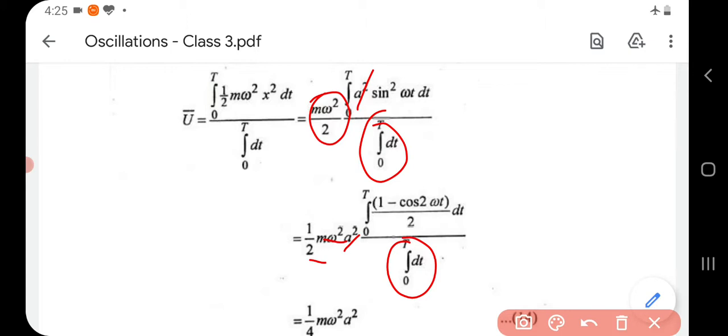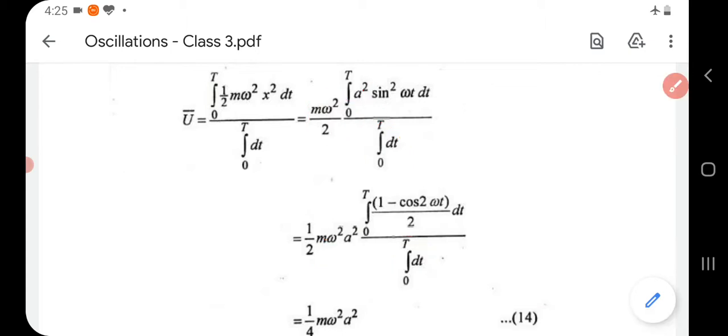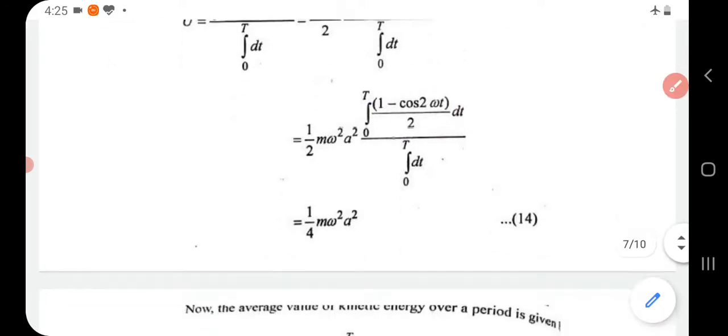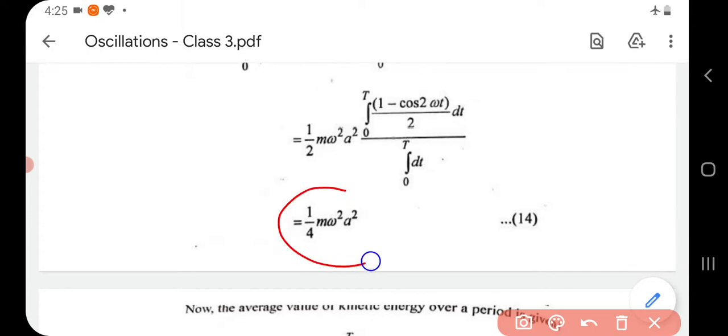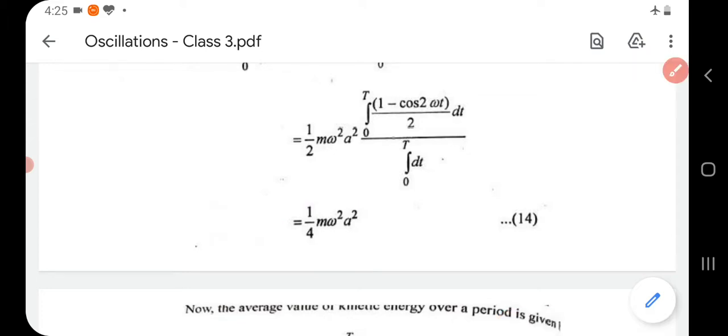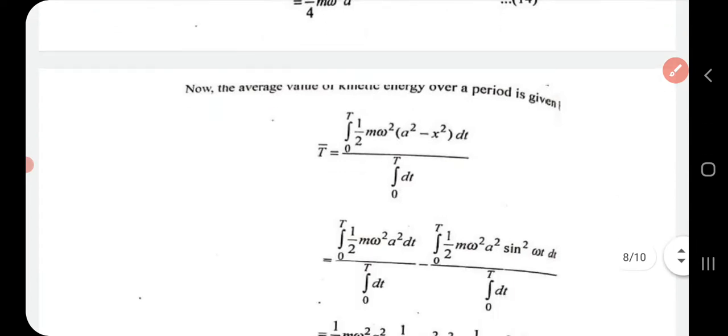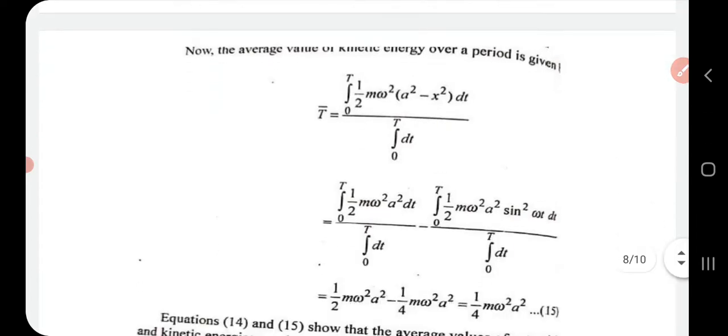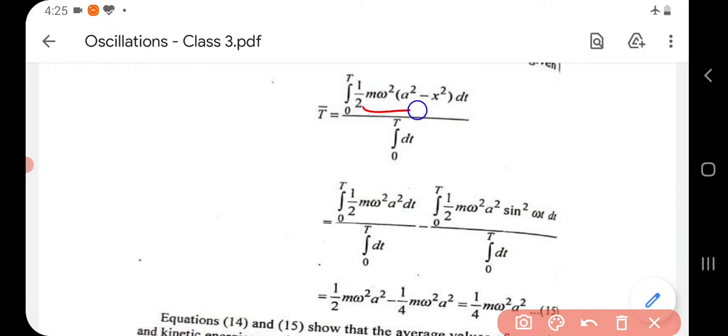Here your theta is omega t. So sine square omega t is 1 minus cos 2 omega t by 2. That is what is written here. Now on simplifying, you will get the final answer: the average value of potential energy U bar as 1 by 4 m omega square a square. Similarly, you have to find the average value of kinetic energy also. The procedure is the same. This was your expression for kinetic energy.